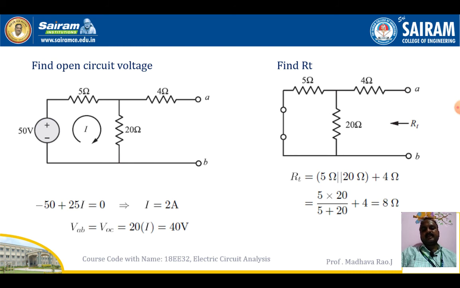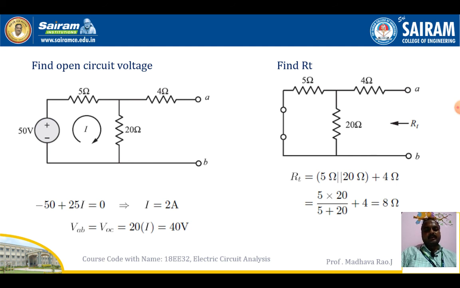Next, the second one is find the RT. For finding RT, suppose a voltage source is there, we have to short circuit it; if a current source is there, we have to open circuit it.